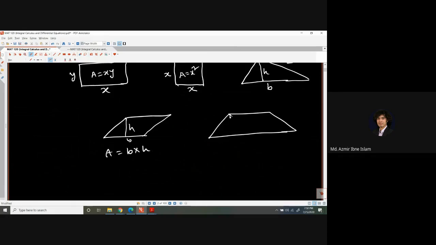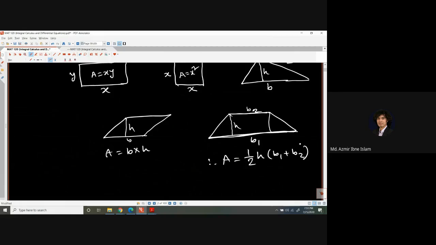For this trapezium, suppose this is the height a and this is the length of the big side, b1, and the length of the small side, b2. So the area can be found by this formula, that is 1 over 2 a times (b1 plus b2).